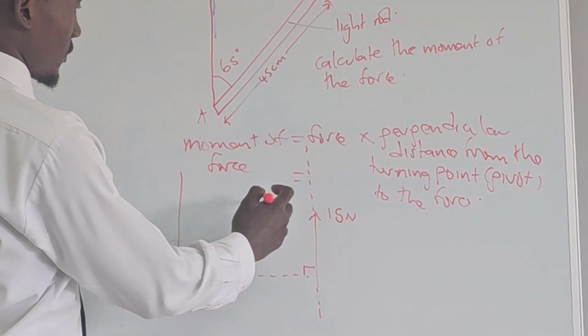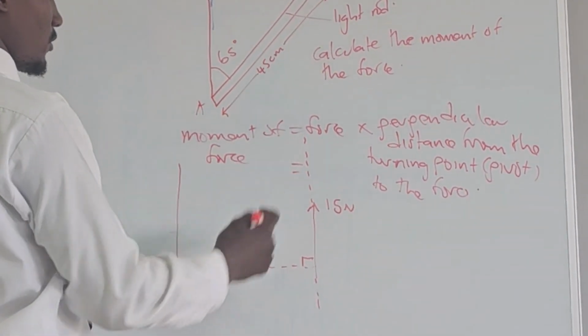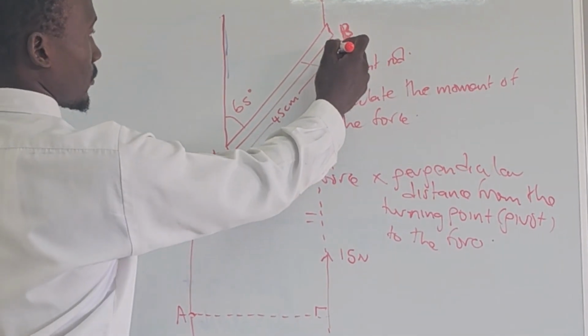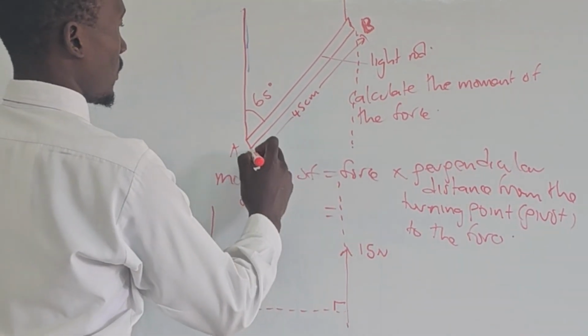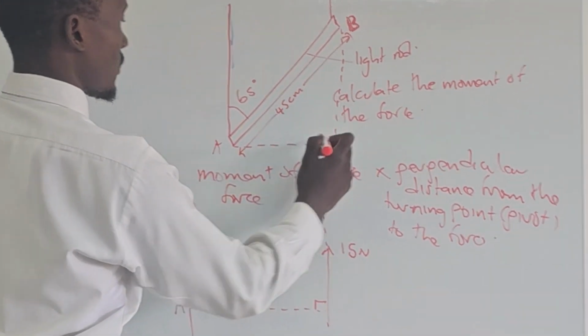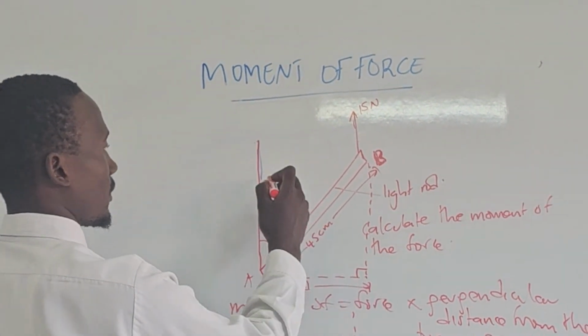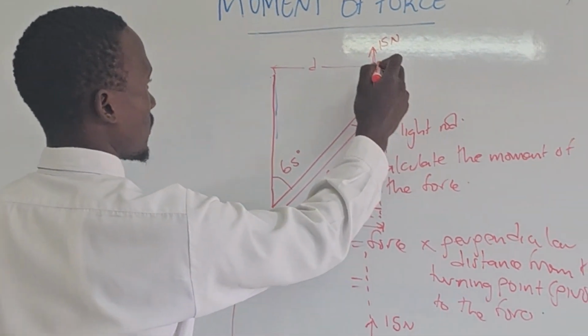So if this is 65, we need to find this distance here up to the turning point. So if we try to extrapolate here, this is the perpendicular distance we need, and therefore it is the same as this perpendicular distance.